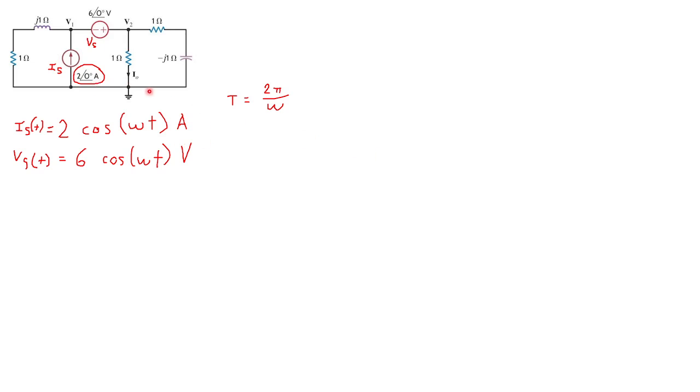I don't think there's too much more to say currently, but this is the nature of the sources that we're talking about. The nature of these sources and the frequency of them is important to determining the actual value of the inductor and capacitor here.